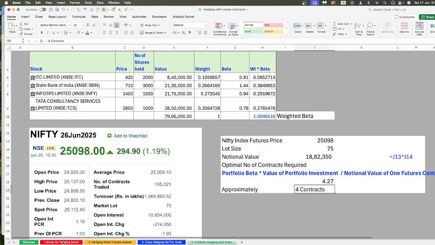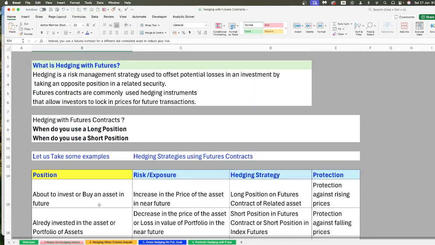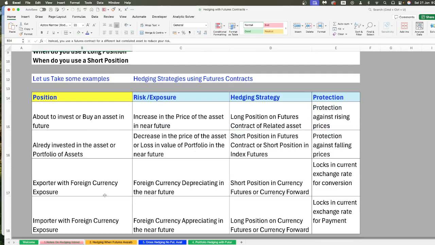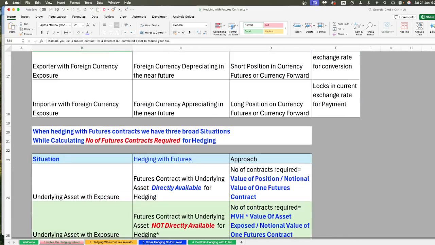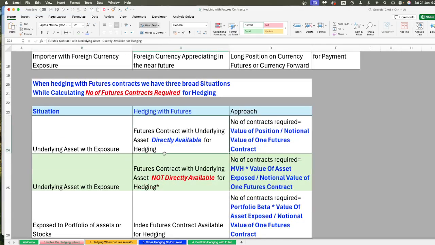So what we discussed in this session is how to hedge using futures contracts, and what long and short strategies we use in different positions. The main purpose is to calculate the number of futures contracts required. When direct assets are available, you can directly calculate the value of the position divided by the notional value of the same asset futures.